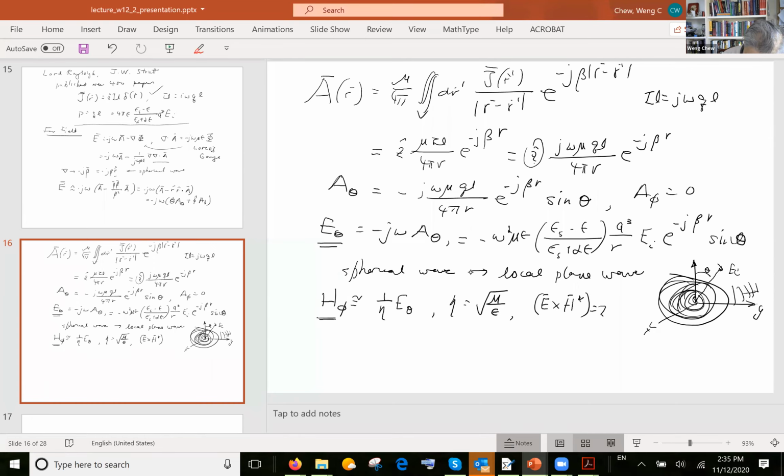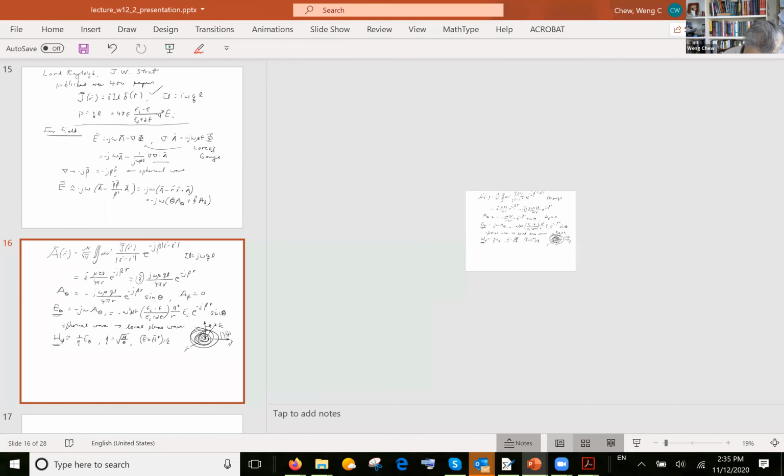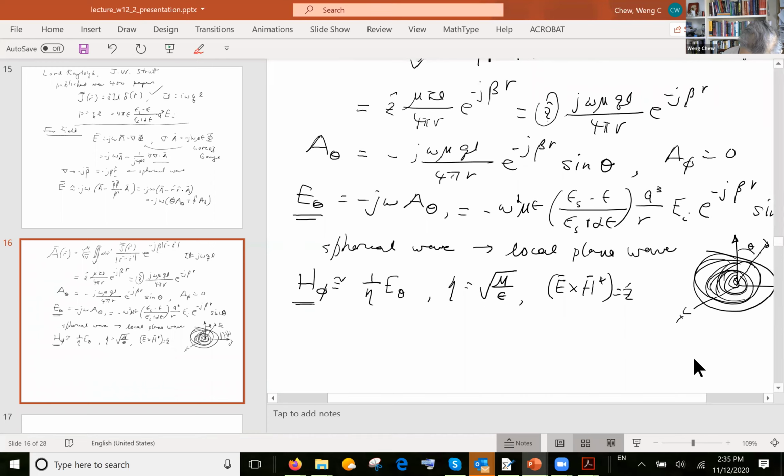Then the complex power will be pointing in the Z direction because it will be E theta crossed with H phi, which will be something that points in the, sorry, why does it become so small? Okay, so it becomes something that points in the radial direction. E theta H phi conjugate.